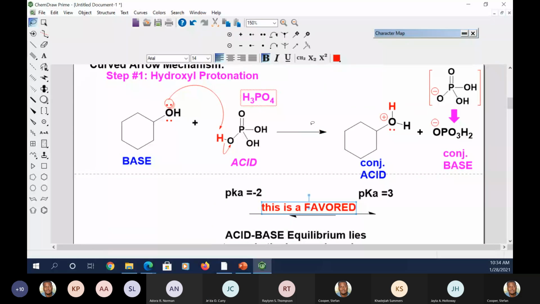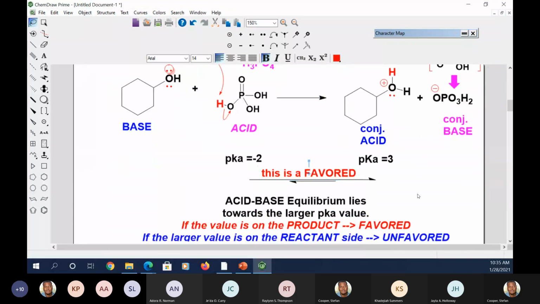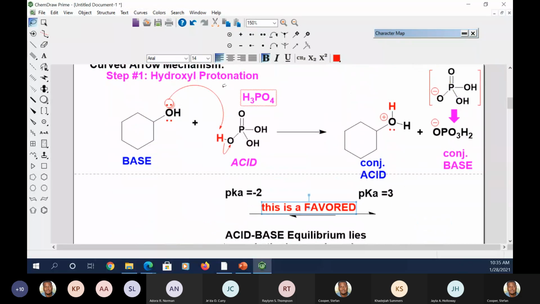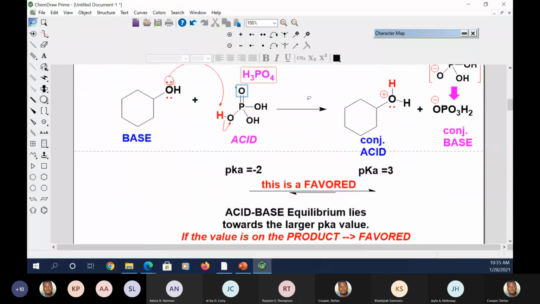This is not right. I should put an equilibrium arrow here, but I know that this reaction is so favored that I'm going to generate this in my mechanism. So I just give it a full arrow. Are we cool with that so far? All right. So I'm going to recopy this. Well, I don't have to recopy this. I'll take this part.